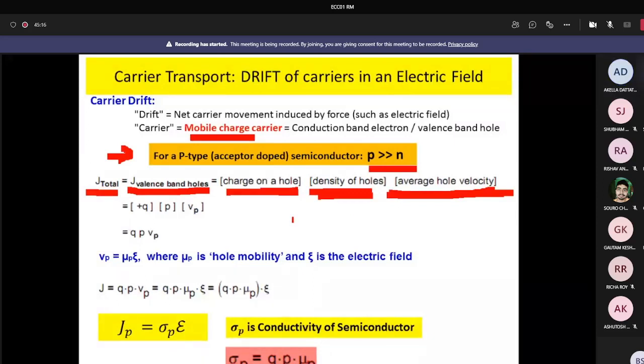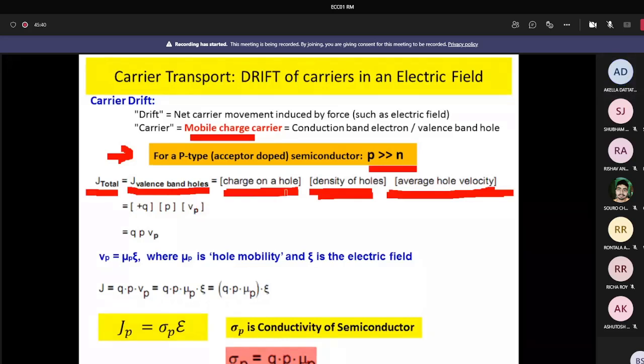Sir, is the charge on a hole equal to the charge of an electron? Yes, that is Q, the Coulombic charge I am talking about. Here the hole acts like a proton, a positive charge, Q, Coulombic charge.